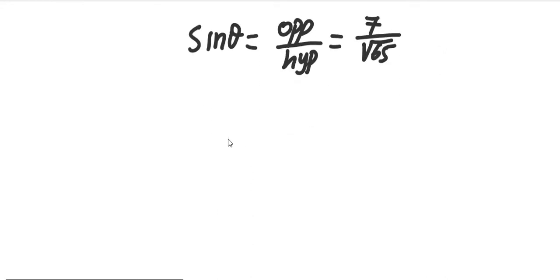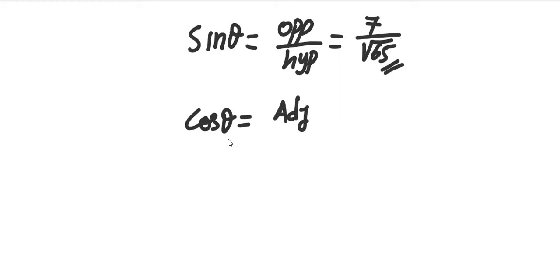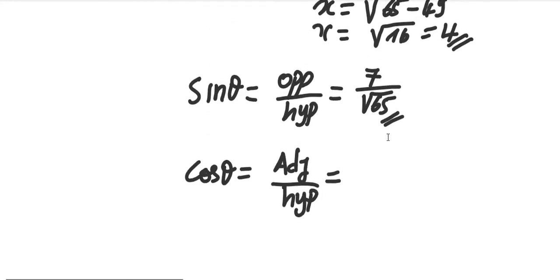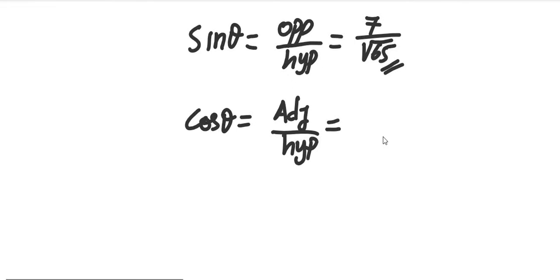Here is my sine theta. Now I will calculate the cos theta. The cos theta will be equal to my adjacent divided by my hypotenuse, and my adjacent was 4. I will have 4 divided by the square root of 65.